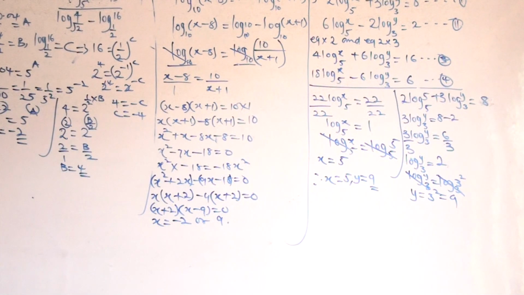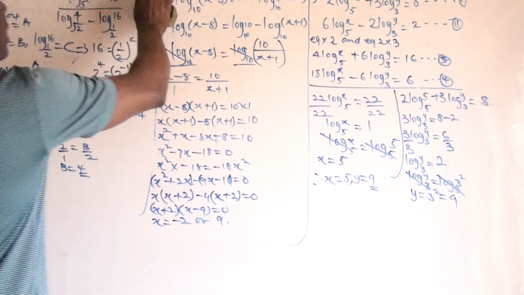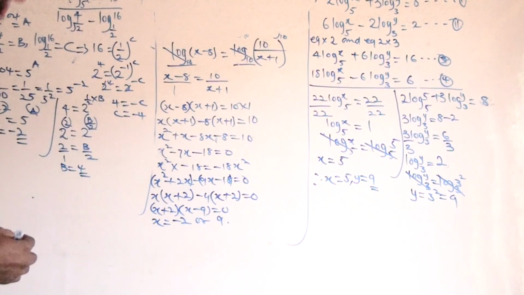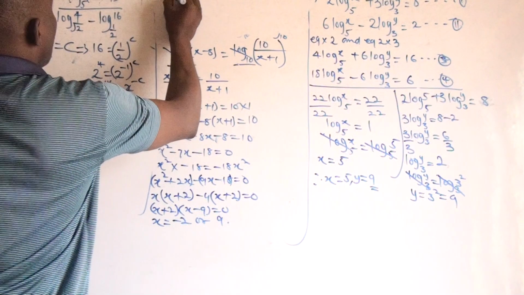Now, having obtained all this, we can now simply substitute the respective answers. What is the value of a? A is minus 2, from my question here.